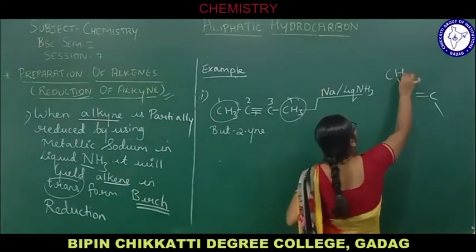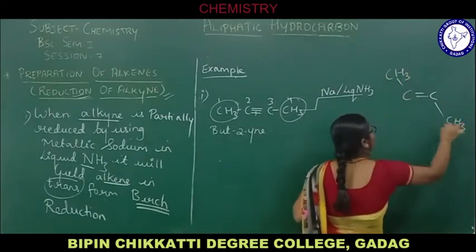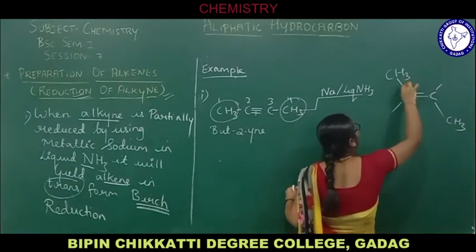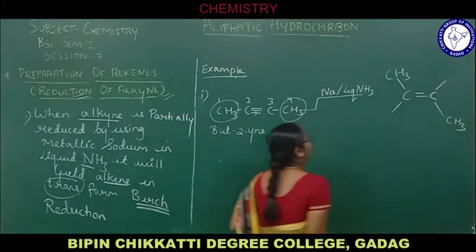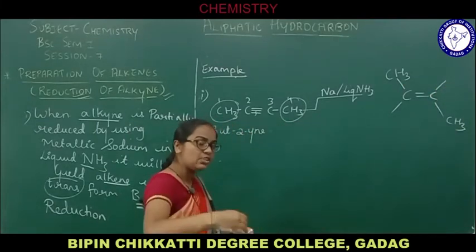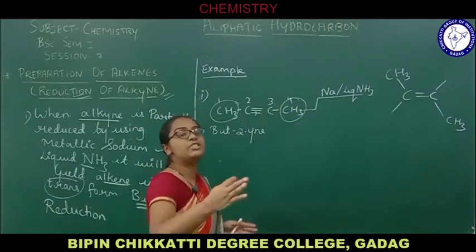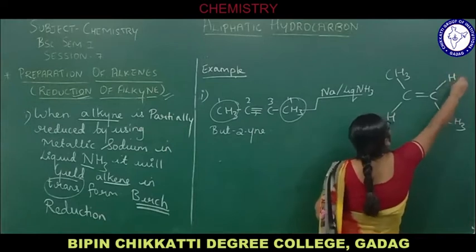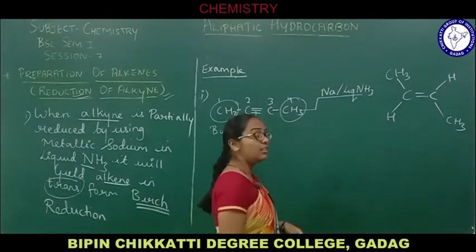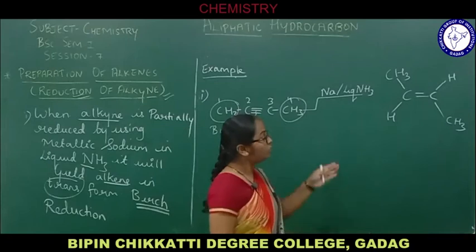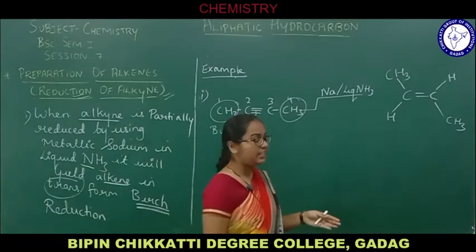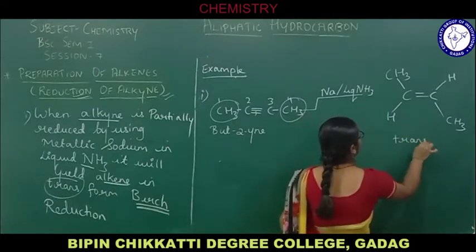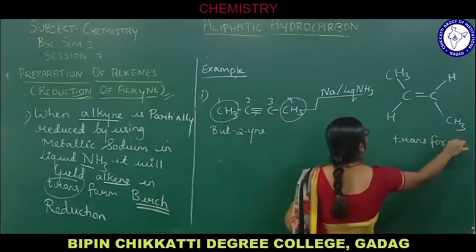The remaining two bonds are acquired by the two hydrogen atoms, which again attach to the carbon-carbon double bond on the opposite side. So what did we form here? We formed an alkene whose name is again butene, present in the trans form.